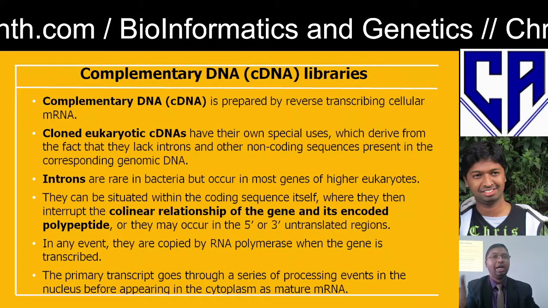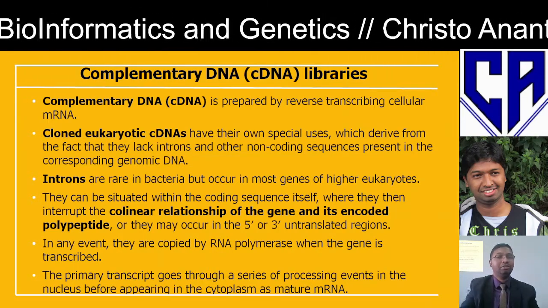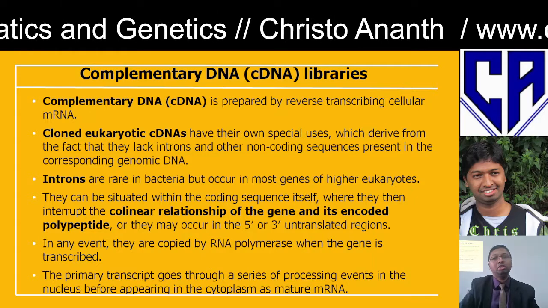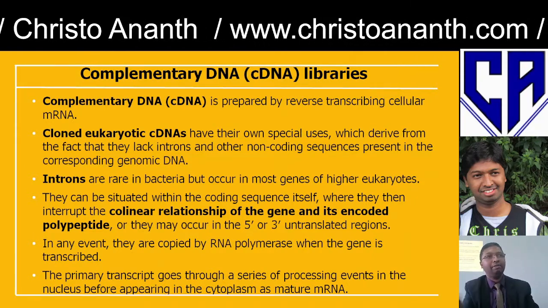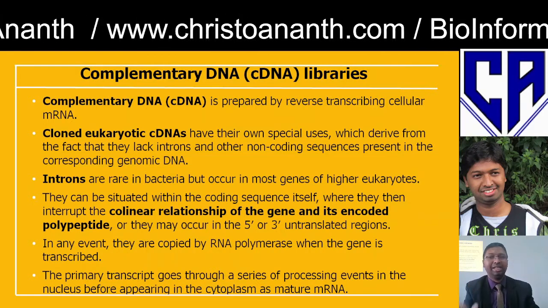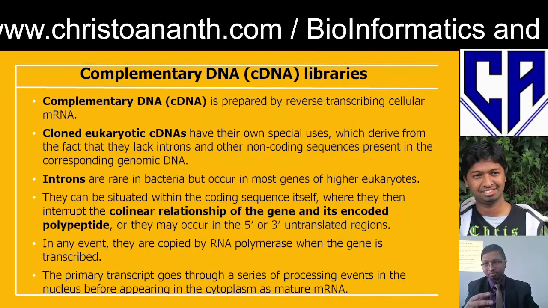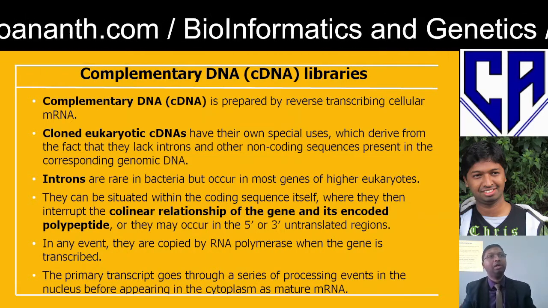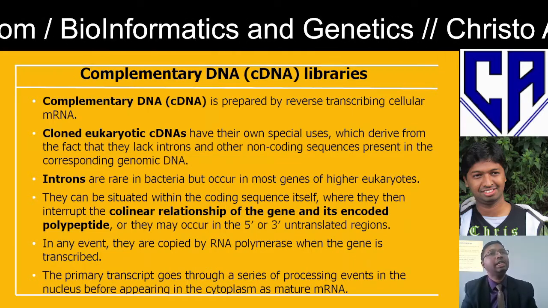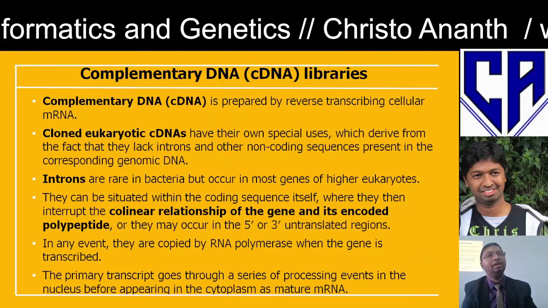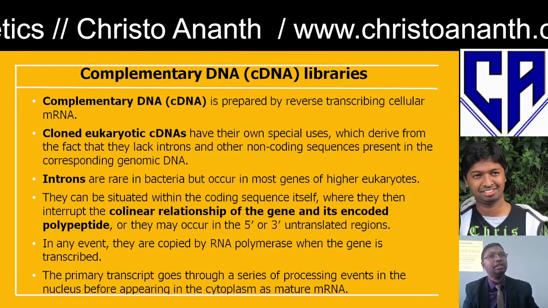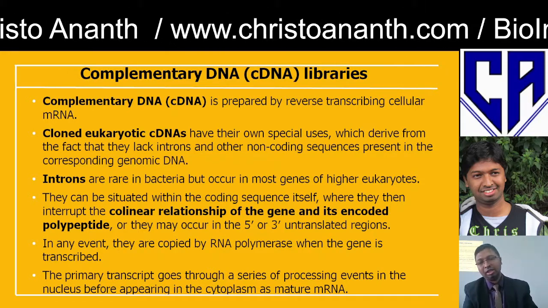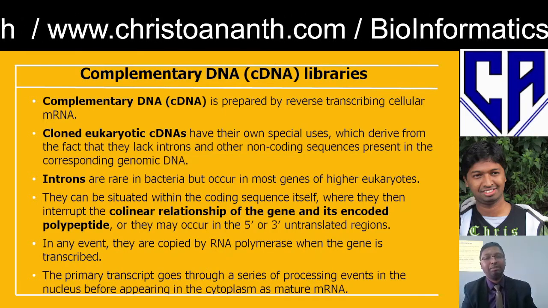Here we have the non-coding regions called introns, generally in the higher eukaryotes. In order to analyze this, we establish a colinear relationship between the gene and the encoded polypeptide. In the untranslated region of around 5 prime or 3 prime you will find these introns.